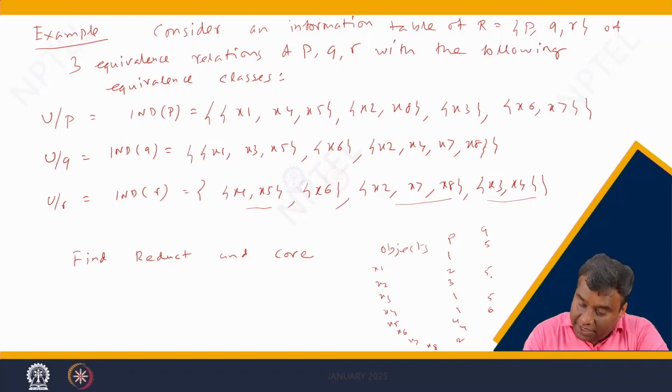Then x2, x4, x7, x8 are 7. Now for R, x1 is 8 and x5 is also 8. Then x6 is 9. Then x2 is 10, x7 is 10, and x8 is also 10. Then x3 is 11, x4 is also 11.